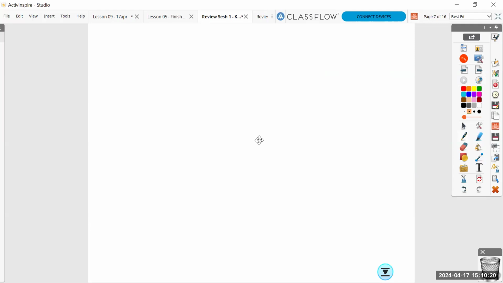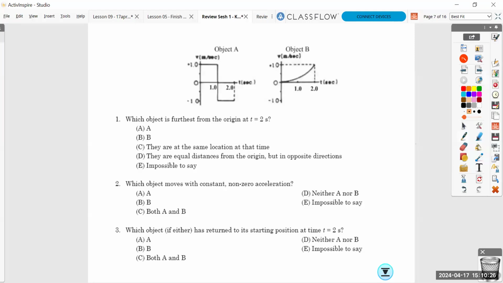All right, we got object A, object B. If we're looking at object A and object B, which one's the furthest from the origin? Which one has the largest displacement in those 2 seconds? B. Absolutely. What does the displacement of A look like?